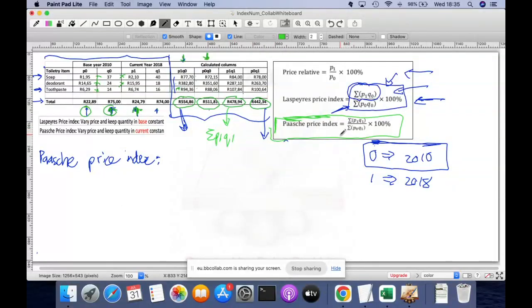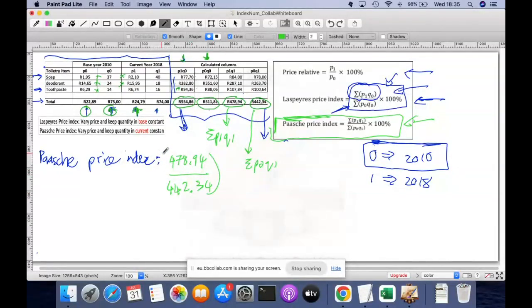And then the denominator is P0, Q1. So that's this P0 Q1. That's the denominator, sum P0 Q1. So the value is going to be the numerator, which is 478.94. All I'm doing is I'm following this formula, right? Over the denominator, which is 442.34.